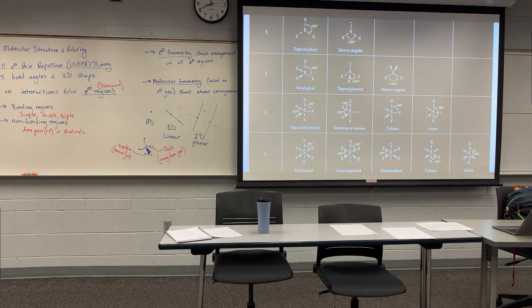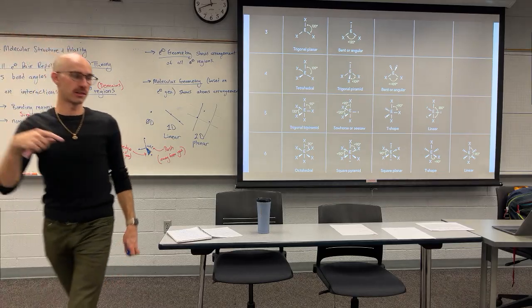So for zinc, we'll call it four. So I'm doing it for these. Because there are two options for bent, but then with 4 bonding regions, we have a number of options.